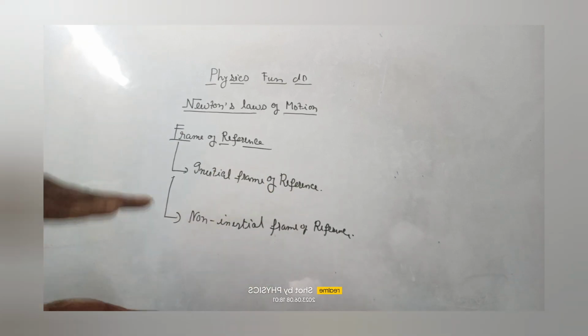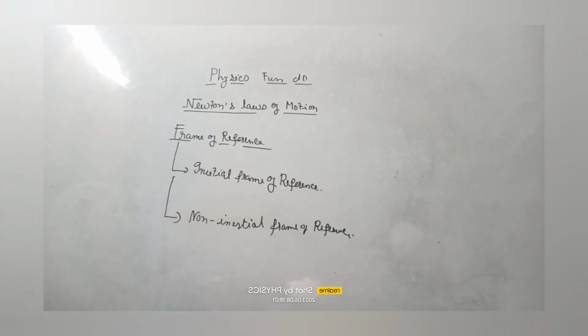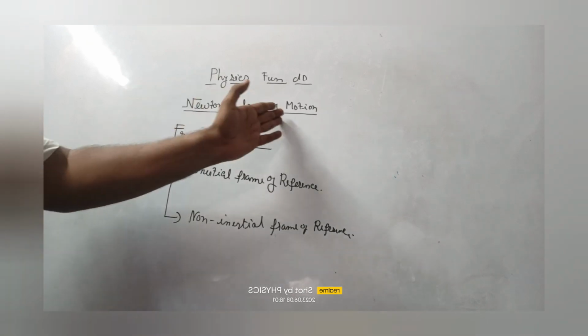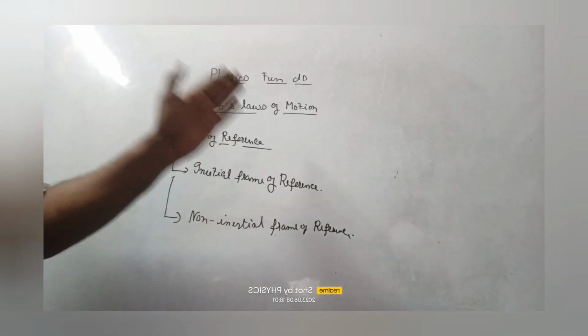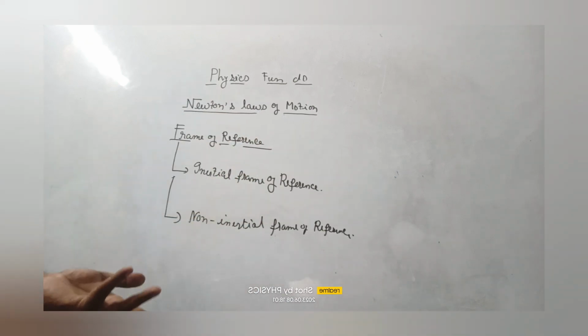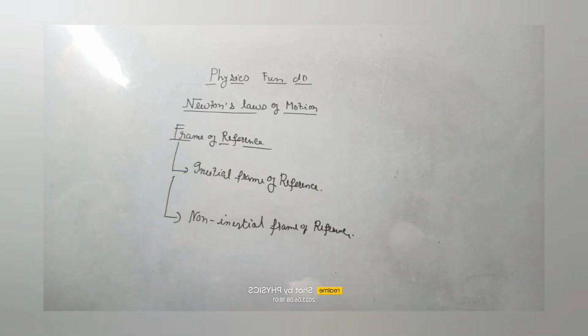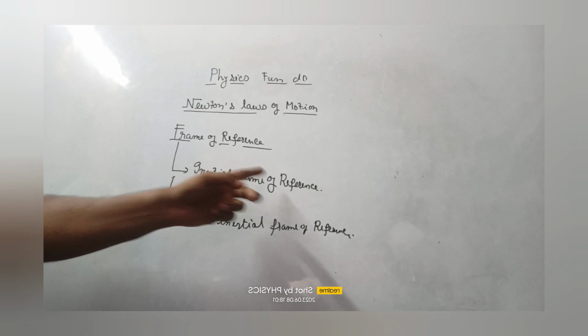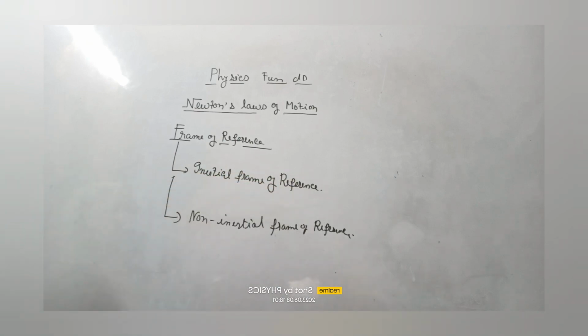In a non-inertial frame of reference, Newton's laws of motion do not exist. This is the basic difference, and we have a question about it: in which frame of reference do Newton's laws of motion exist? That is the inertial frame of reference.